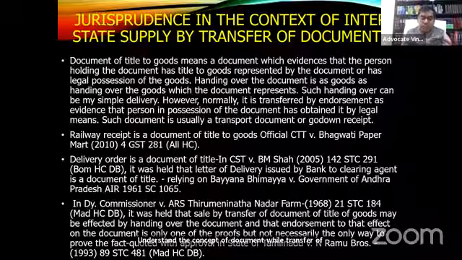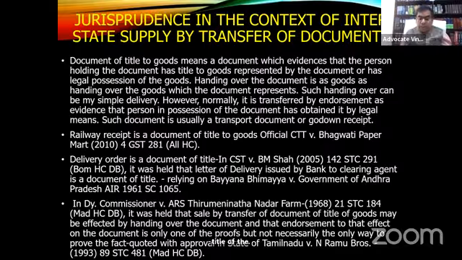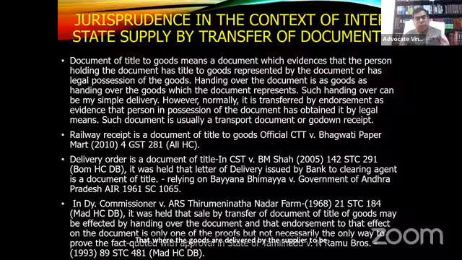Section 10(1)(b) of IGST says that where the goods are delivered by the supplier to a recipient on the direction of a third person, whether acting as an agent or otherwise, before or during movement of the goods, either by way of transfer of documents of title to the goods or otherwise, it shall be deemed that the said third person has received the goods, and the place of supply of such goods shall be the principal place of business of such person.